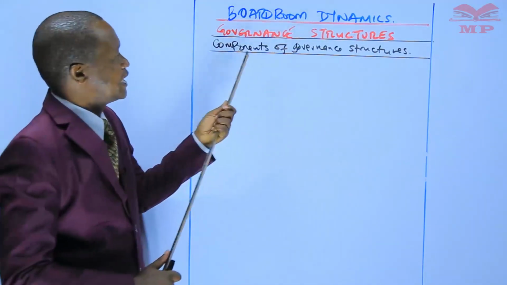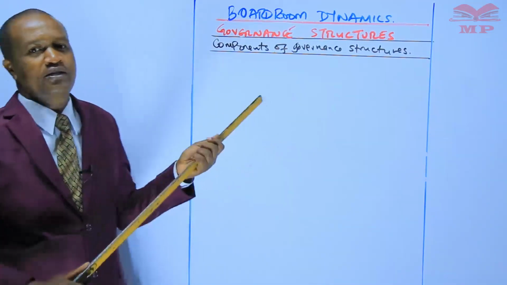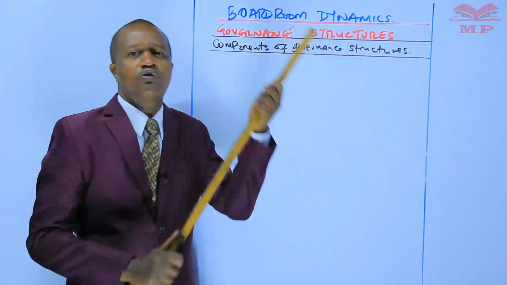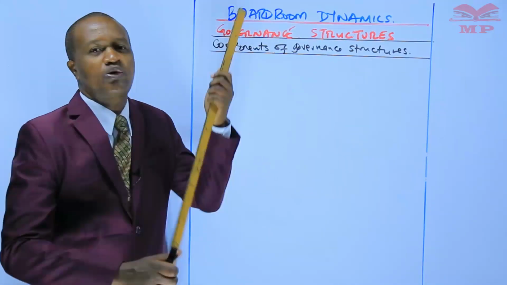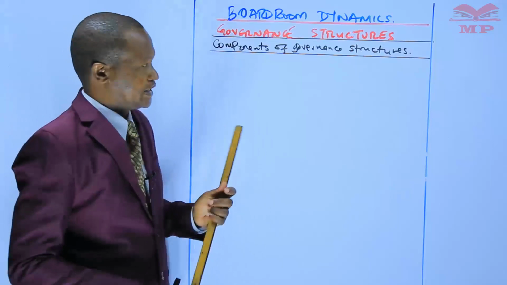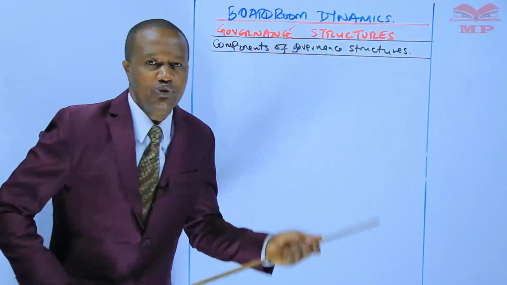So a governance structure is a framework that specifies the distribution of rights and responsibilities among the different stakeholders in matters to do with corporations.